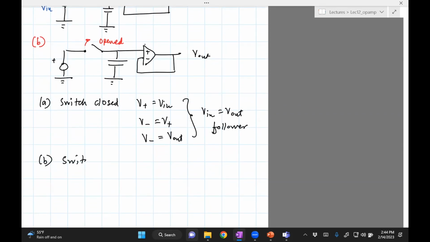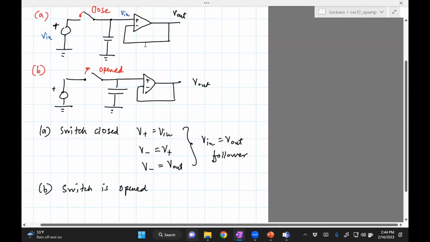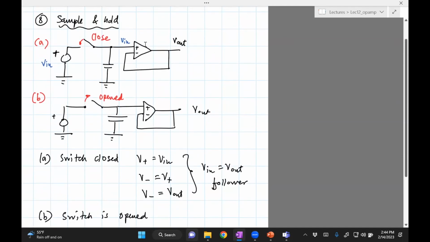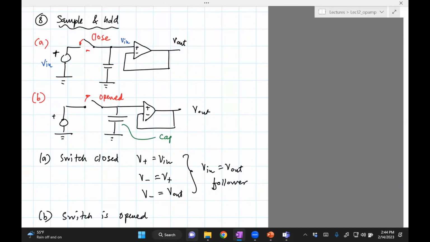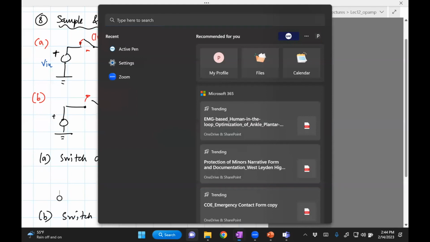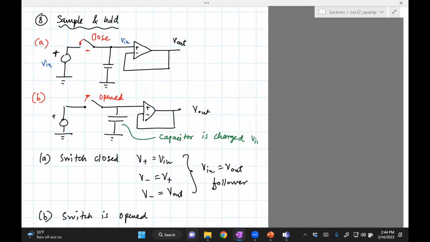Now, when the switch is opened, what happens is that the act of closing the switch charges the capacitor. So when this is closed, the capacitor is charged, and the charge is V in, because this part is going to have V in when it was closed.